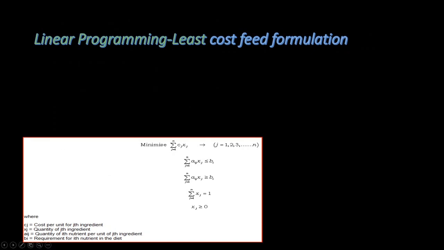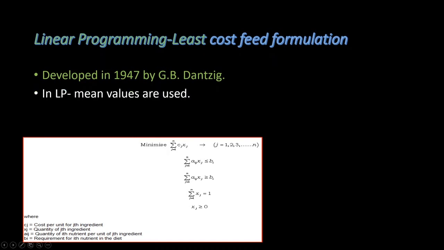So what is linear programming? It was developed in 1947 by G.B. Dantzig to solve U.S. Air Force planning problems. In linear programming, a mean value of the analytical value of feedstuffs is used for the formulation.